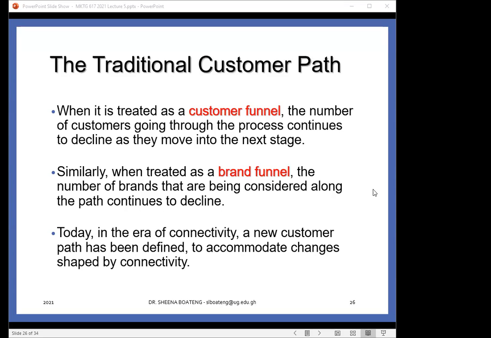Just like the AIDA model was modified to reflect changes in the customer path to obtain what we now have as the 4A's, in the era of connectivity the 4A's have also had to be modified to accommodate the changes along the customer path as a result of the introduction of internet technology. And that is why we are going to discuss the shifting path of the customer in this era of connectivity.